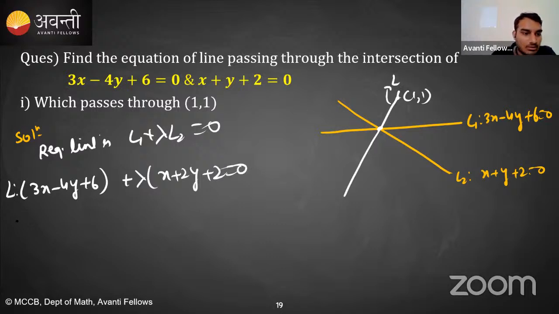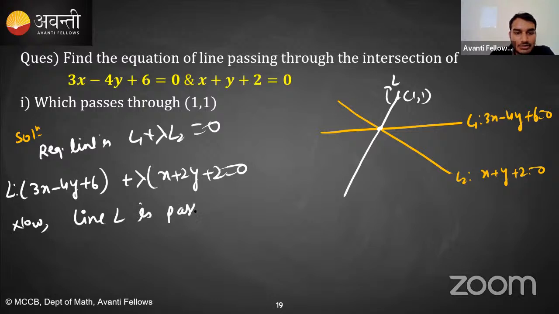Now line L is passing through (1, 1). So it means when you put (1, 1) in the line L, it will be satisfied. Yes or no?